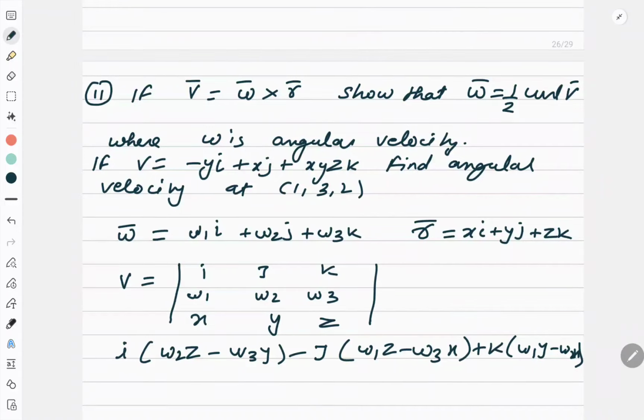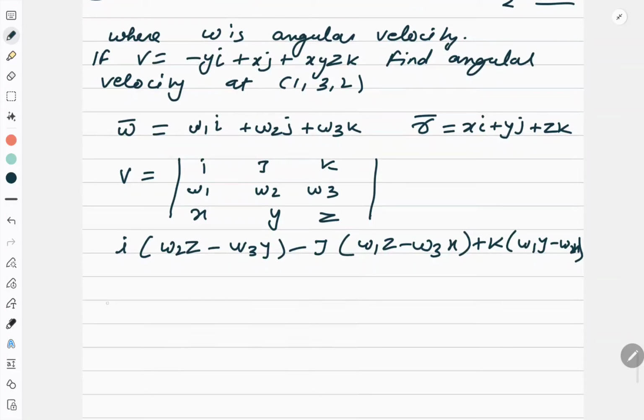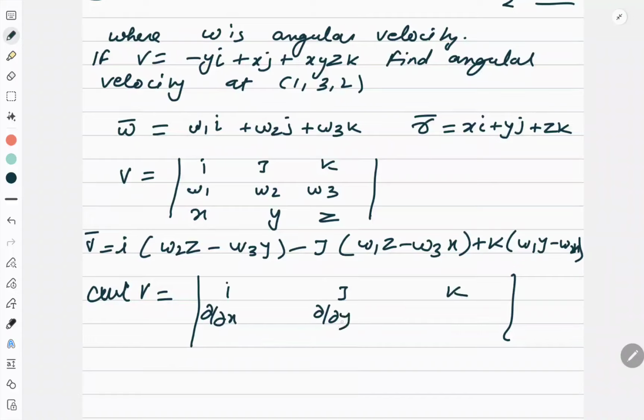Correct? Now, next thing they are asking, show that omega is equal to 1 by 2 curl of v. So omega I know, I need to find out the curl of v. Now if I want to find out the curl of this v, curl of v is equal to again i, j, k, dou by dou x, dou by dou y and dou by dou z. Okay.